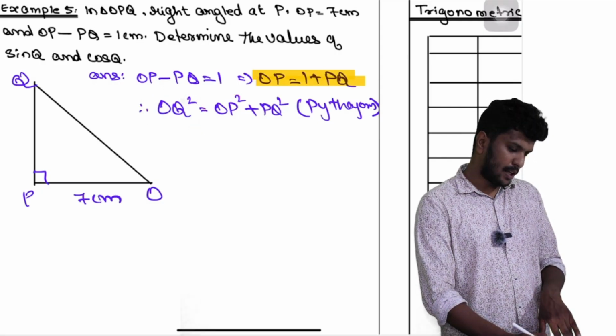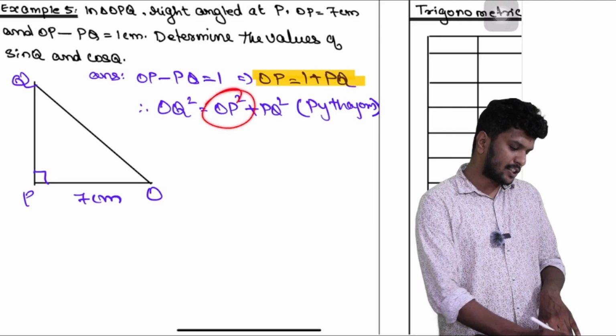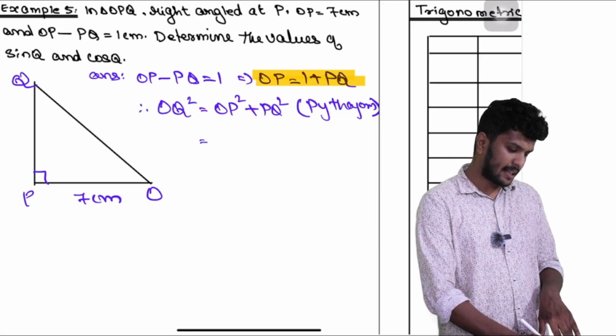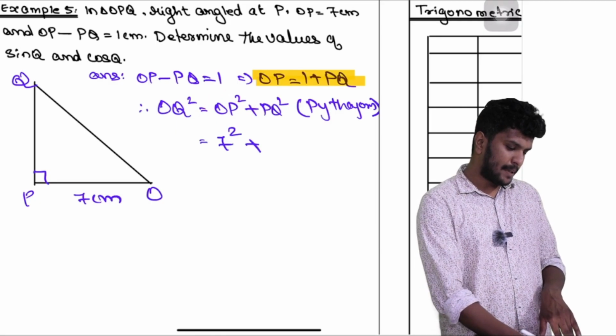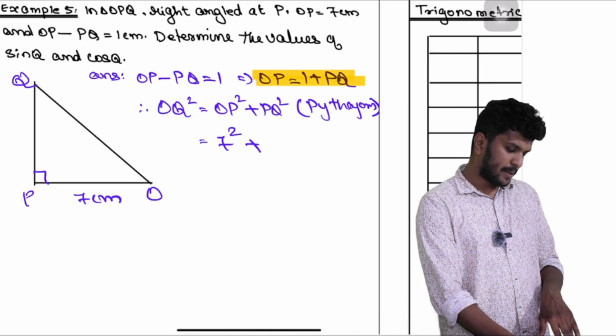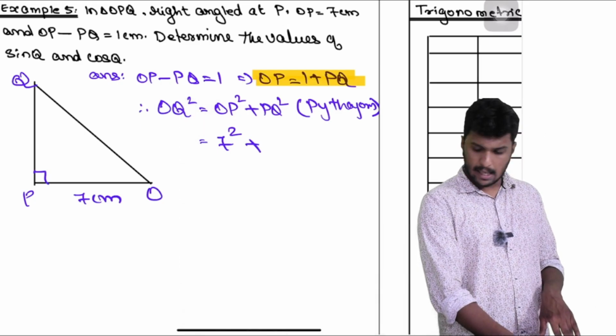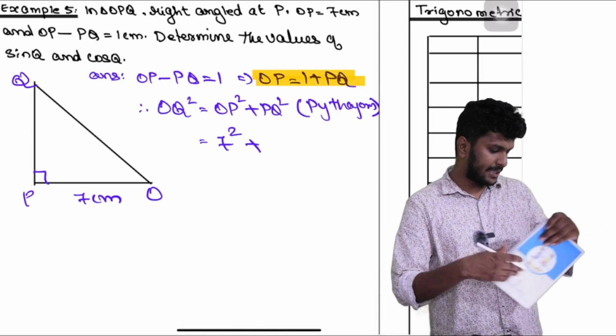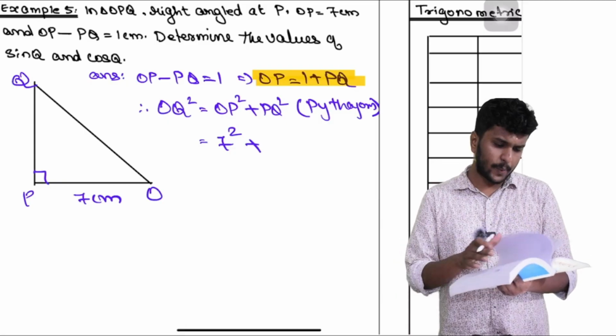Do we know OP value? Yes, OP value is known to us, 7 square. What is PQ? Did I go wrong anywhere? OQ square is equal to OP square plus PQ square. OP minus PQ is equal to 1 centimeter. I think somewhere we went wrong. One second, I think we went wrong in the question.